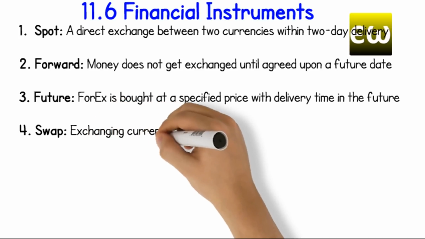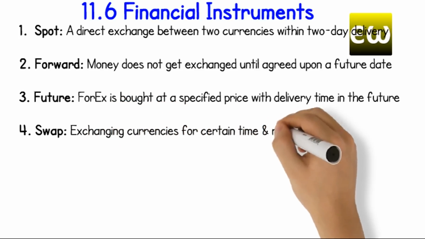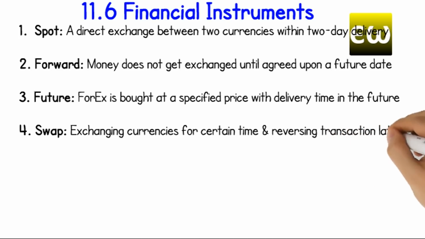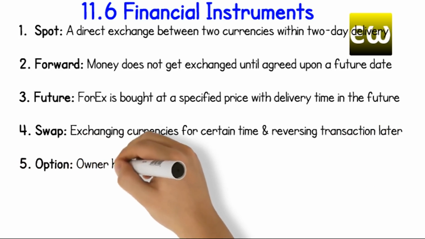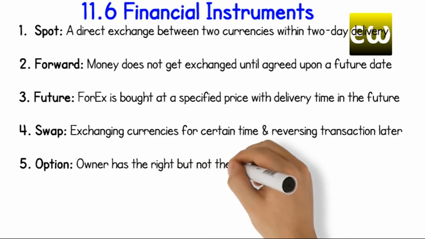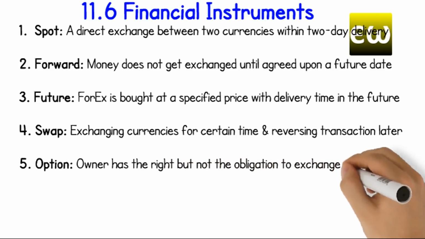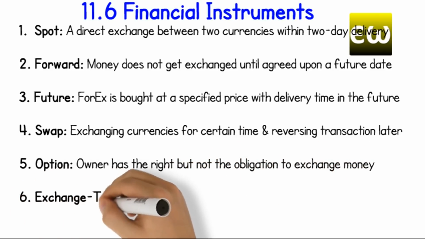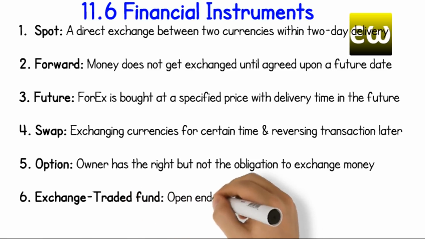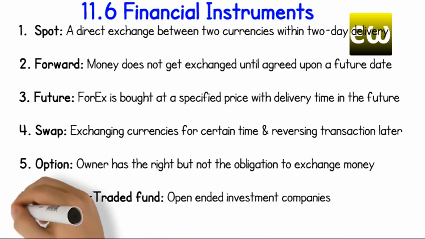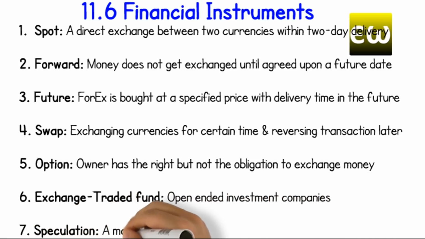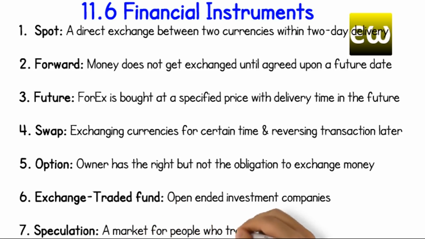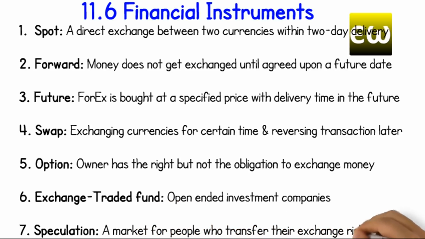Swap. Exchanging currencies for certain time and reversing transaction later. 5. Option. Owner has the right but not the obligation to exchange money. 6. Exchange traded fund. Open-ended investment companies. 7. Speculation. A market for people who transfer their exchange risk.